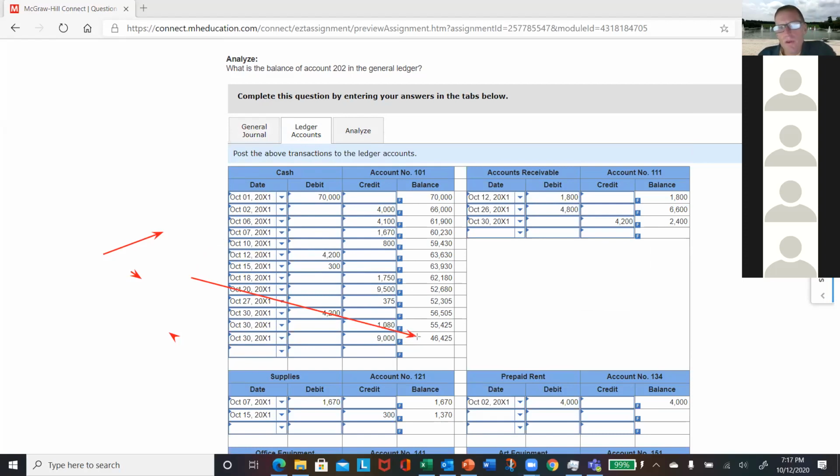So why that's important is, of course, the ledger keeps track of every account and the balances. If there's ever any dispute or discrepancy or question about what's happening in the company's financial statements, you can always go back into the ledger and look at individual accounts to figure out what's going on. Specifically with cash, if our balance in our ledger says $46,425, there's going to be somebody reconciling that with the actual bank statement.